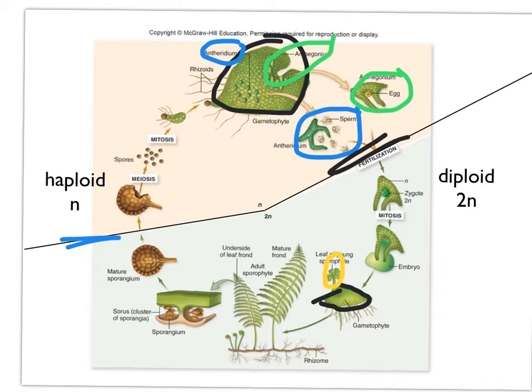Okay, and that sporophyte eventually matures. In this case, we're showing a fern, and that's the mature sporophyte, the adult sporophyte. It's 2N, right? And then underneath it, it's got these cells that are going to make spores, and they're called sporangium.